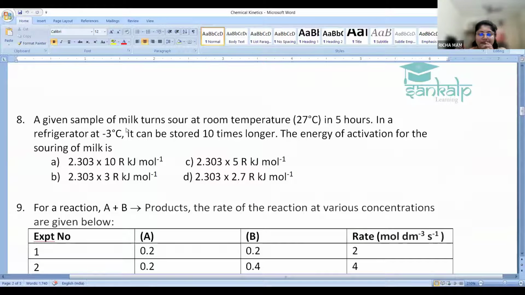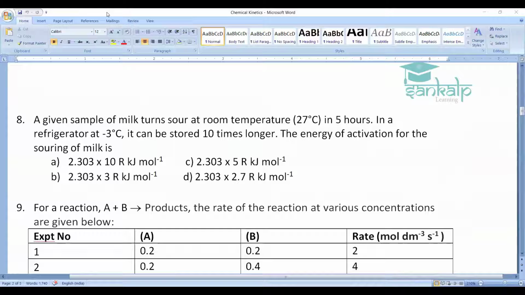A given sample of milk turns sour at room temperature in 5 hours. In a refrigerator at minus 3 degrees Celsius, it can be stored 10 times longer. The energy of activation for the souring of milk is?